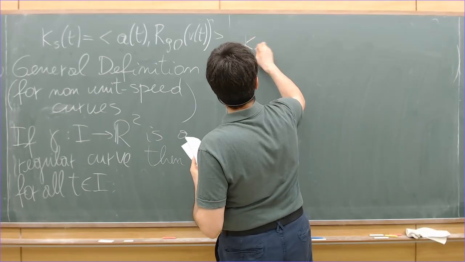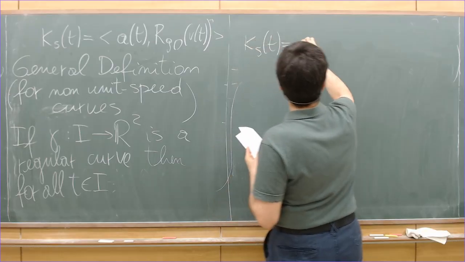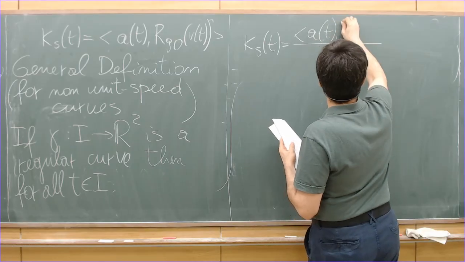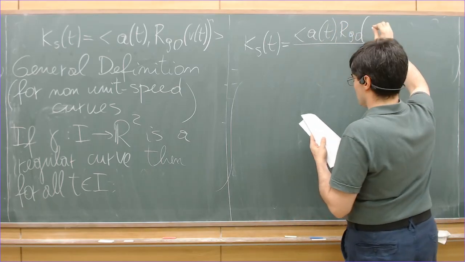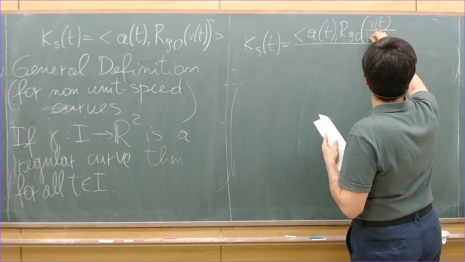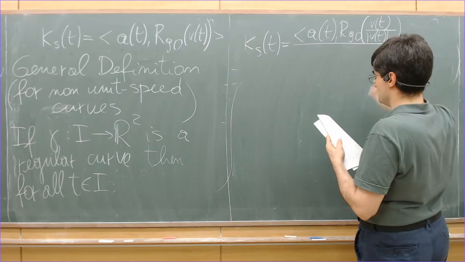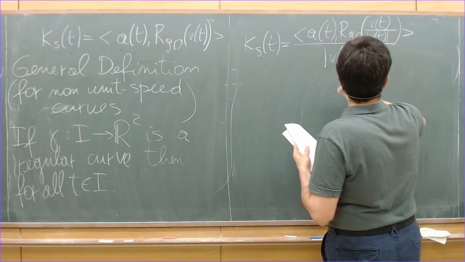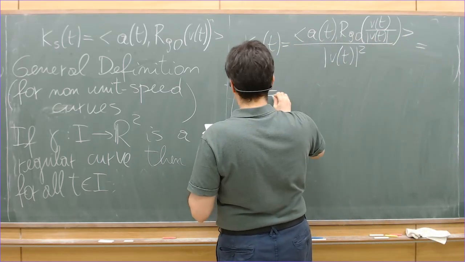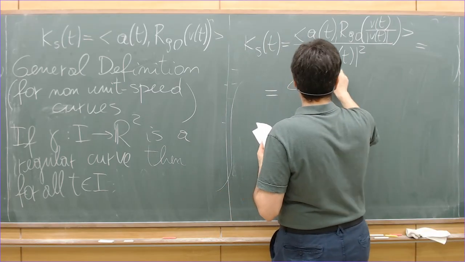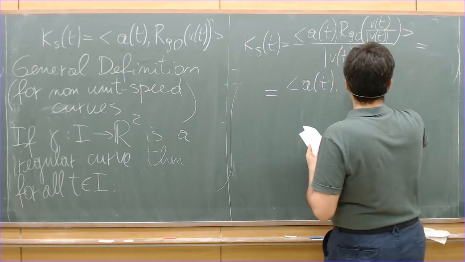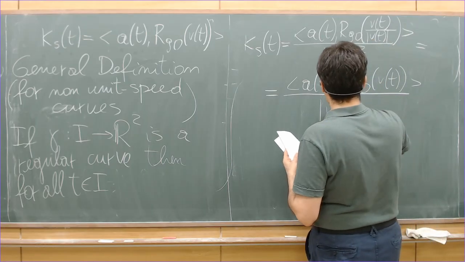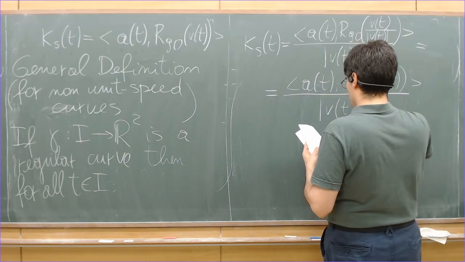We have ks(t) given by the inner product of A(t) with R90 V(t) divided by the length of V(t) squared, and this is also equal to the inner product of A(t) and R90 V of t divided by the length of V(t) cubed.